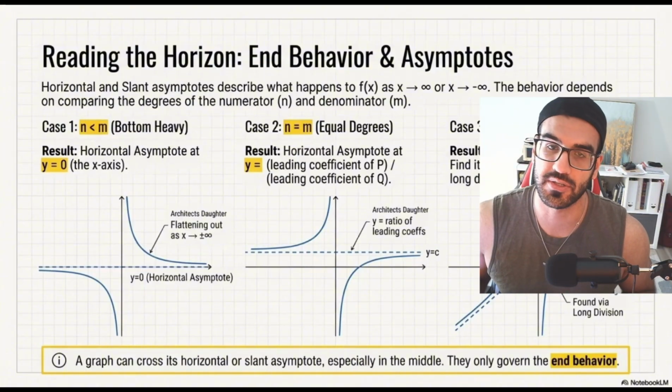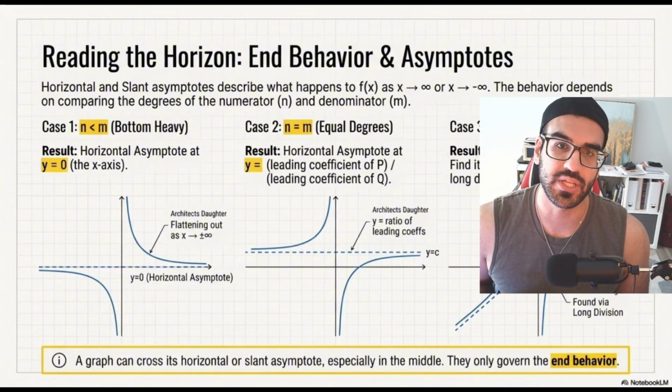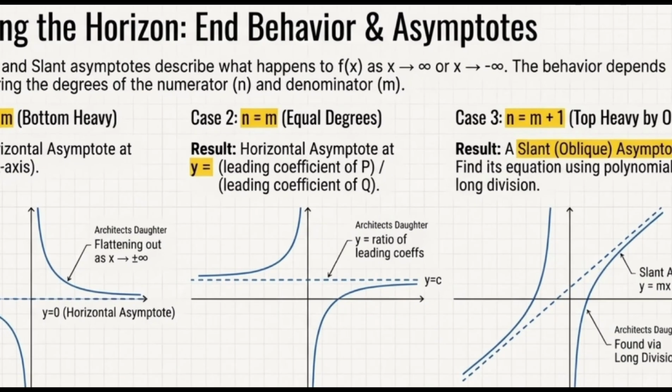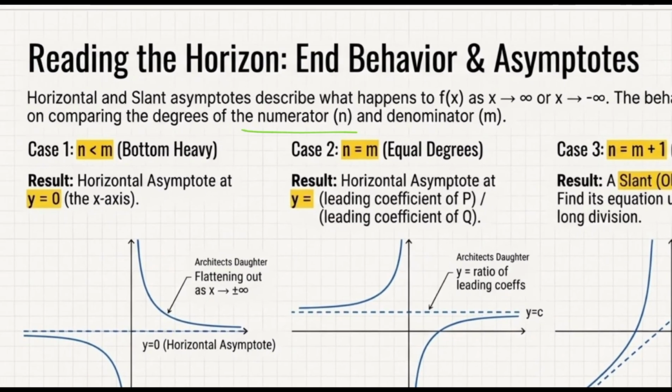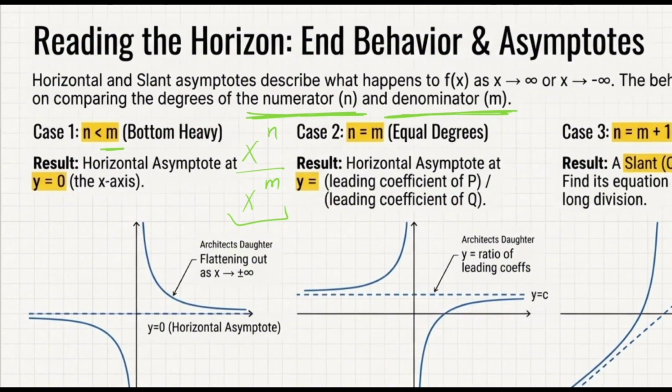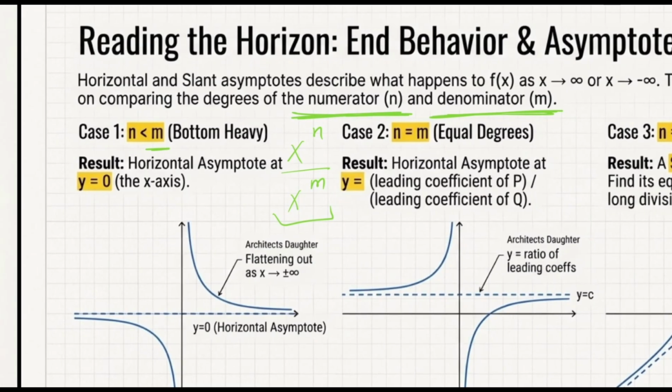Based on the comparison, three common conditions could happen that we are going to talk about. The very first one: if I consider that n is going to be my numerator degree and m is going to be my denominator degree, let me show it as x to the power of n over x to the power of m. I'm talking about this division. So imagine that I have this condition where the bottom is going to be heavier.